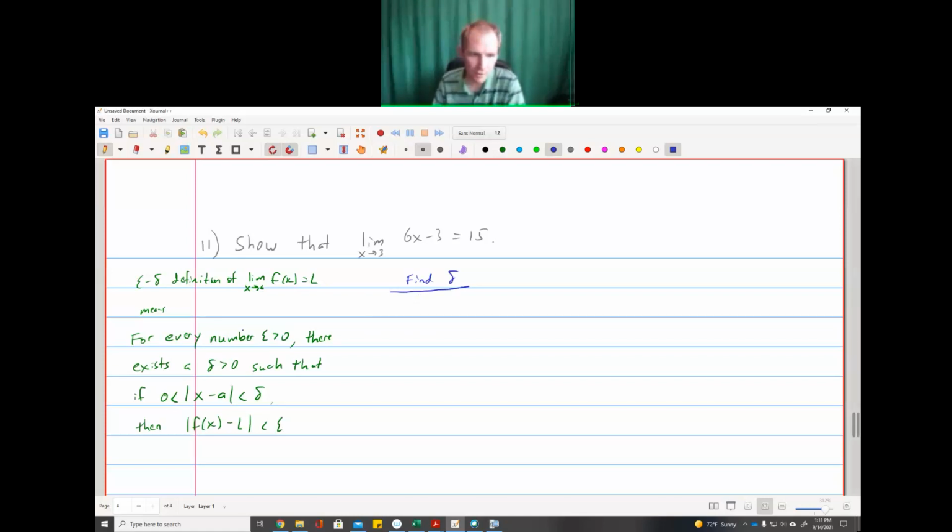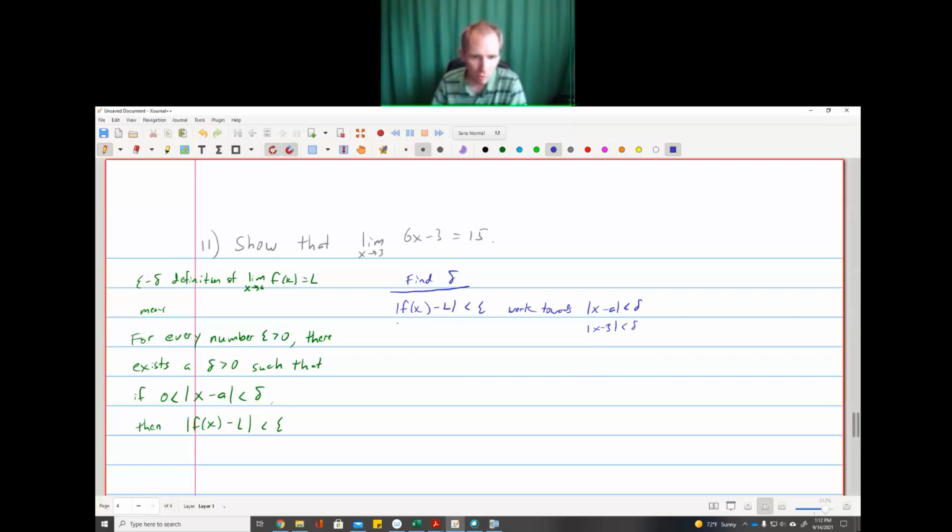So logically, this doesn't make sense from the definition I have, but this is going to be the easiest way to actually figure out what that number delta should be. So I'm going to start with the end here. I'm going to start with |f of x minus L| less than epsilon and work towards |x minus a| less than delta. Our a value is 3, so I want to end up with something like |x minus 3| less than something, and that something I'll call delta.